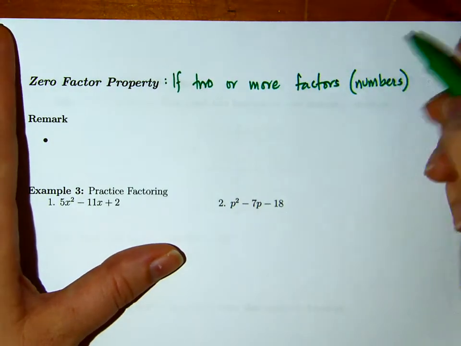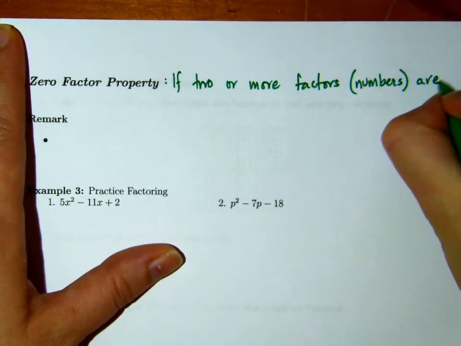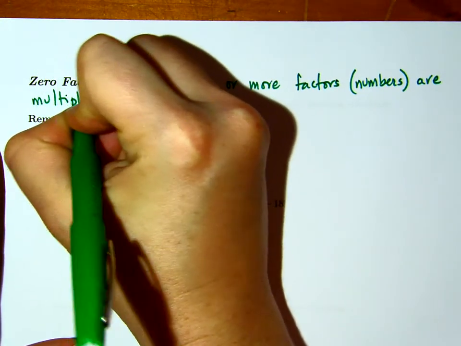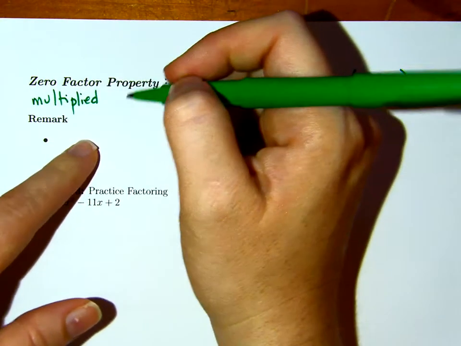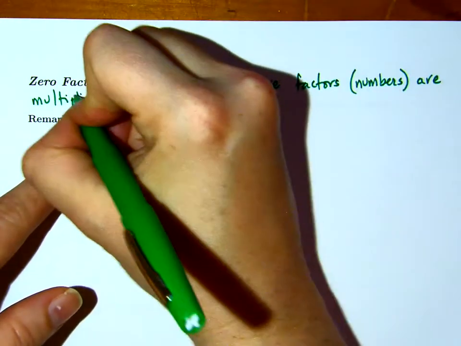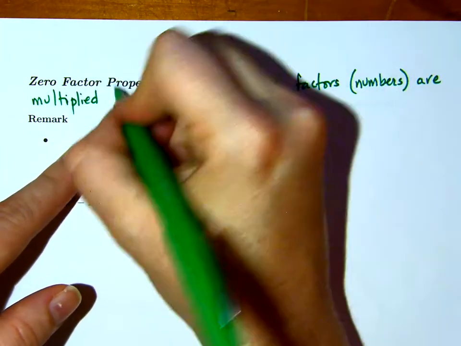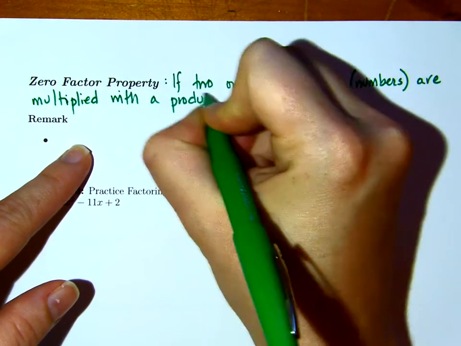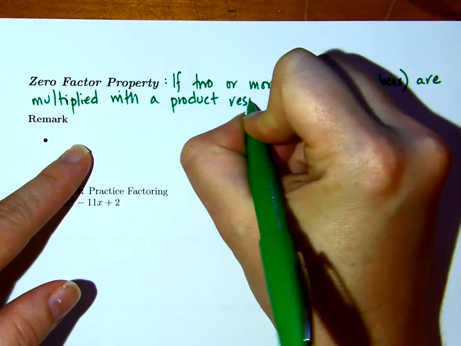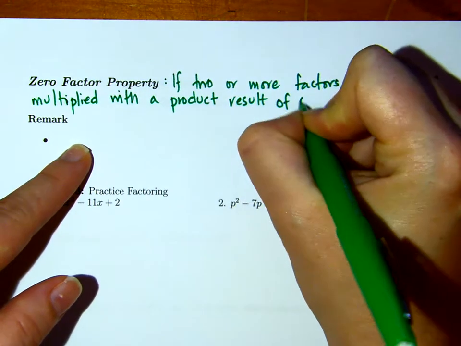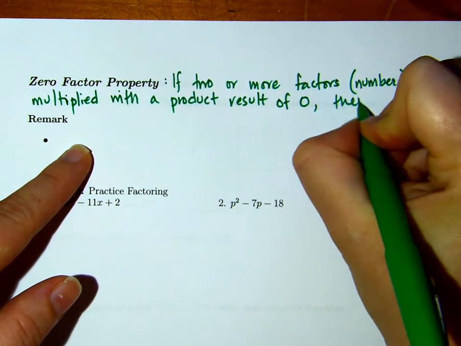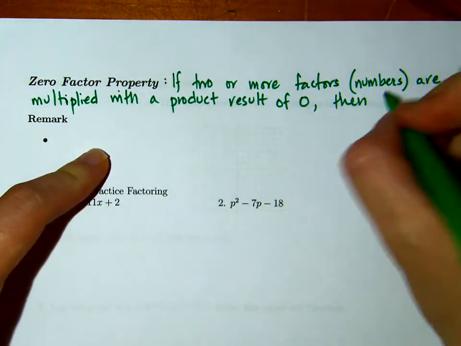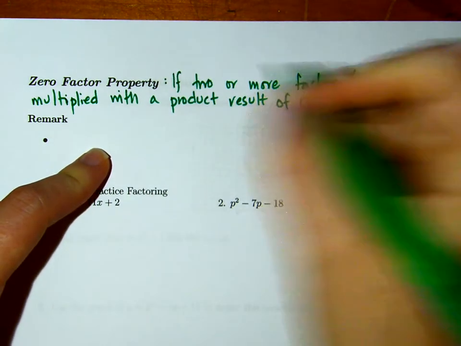If two or more factors are multiplied, and result in 0, with a product result of 0, then one of them had to have been 0.